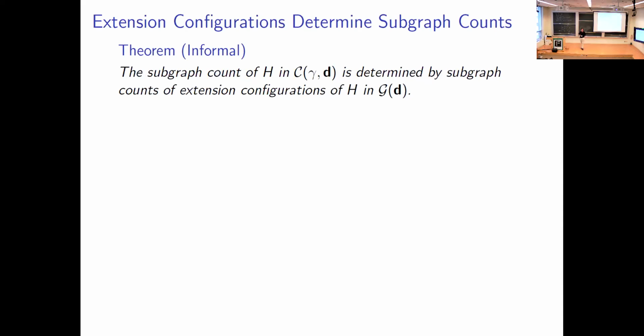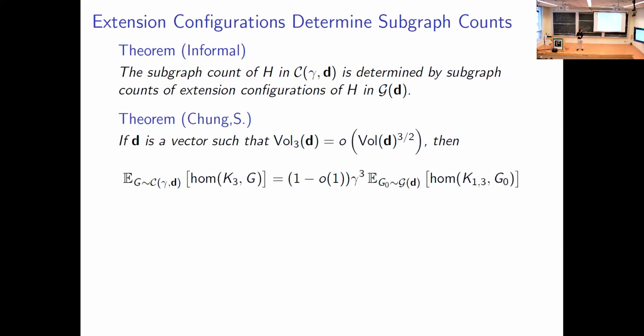Let me give you some more concrete corollaries of this theorem. If I give you a vector such that its third volume grows relatively slowly compared to its first volume, then the number of triangles is going to be determined by K_{1,3}.